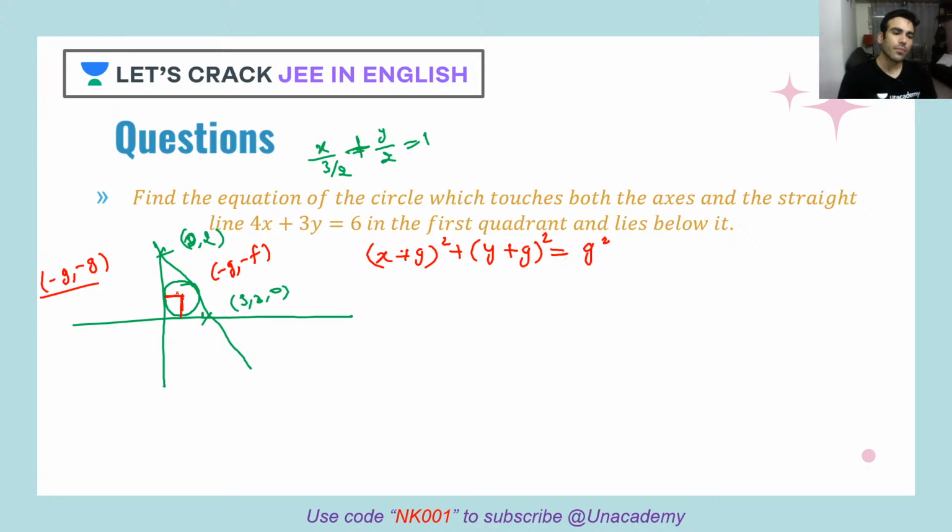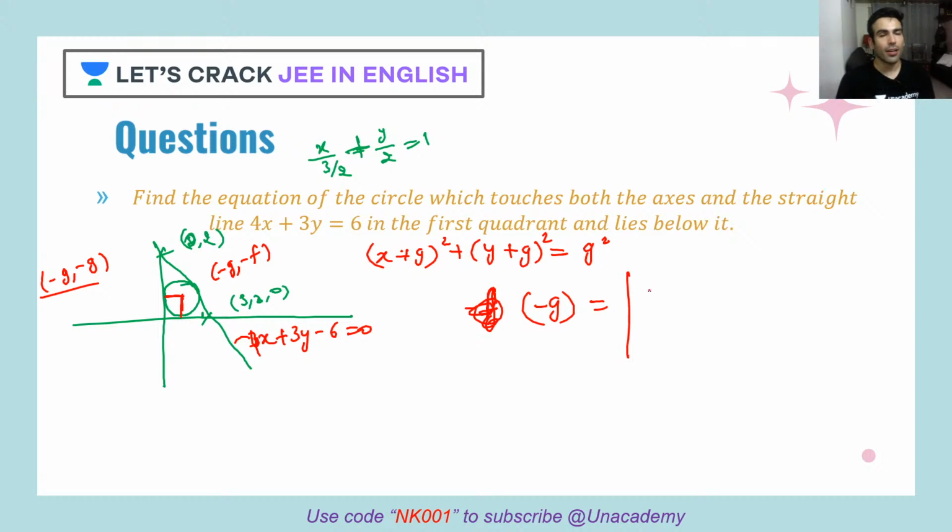So see here, if we use the third condition, this is your line 4x plus 3y minus 6 is equal to 0. Now if I calculate the length, that will be equal to your radius only, because if the line touches the circle, the perpendicular length from the center will be equal to the radius. So minus of g, your radius, will be equal to the mod of the perpendicular length.